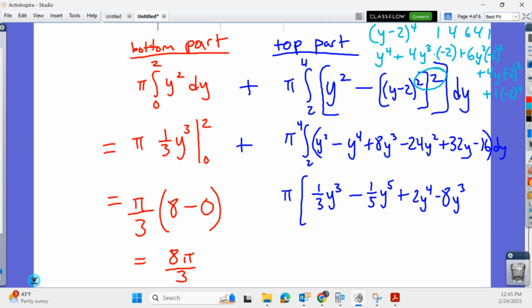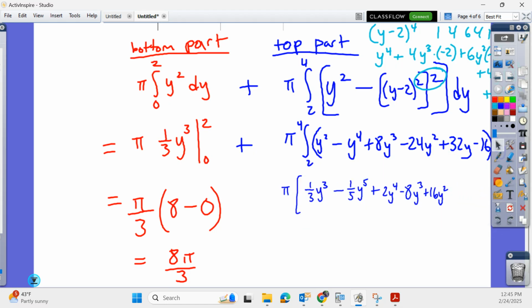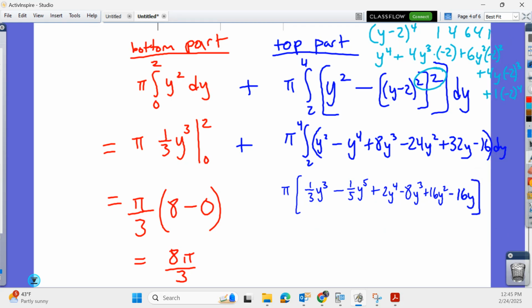And then y squared over 2, divide the 32, so you get plus 16y squared. And then let me just shrink this up a little so it all fits. And then minus 16y. And that should be it from 2 to 4.